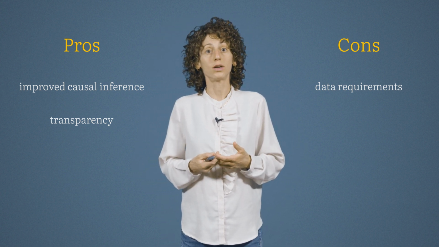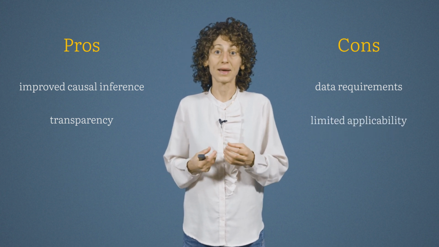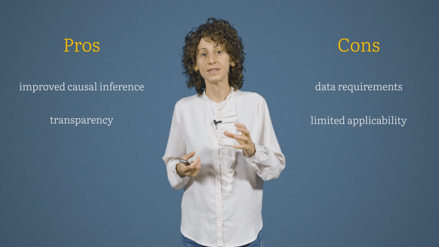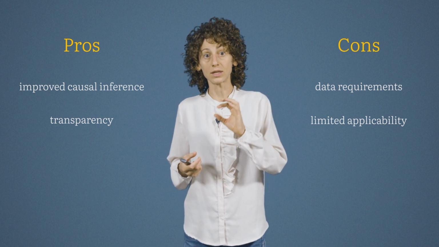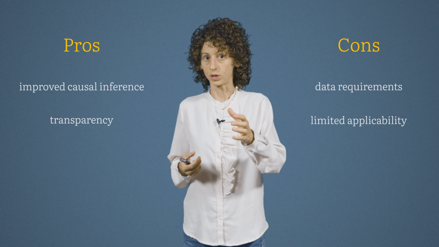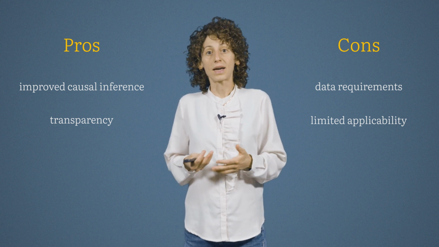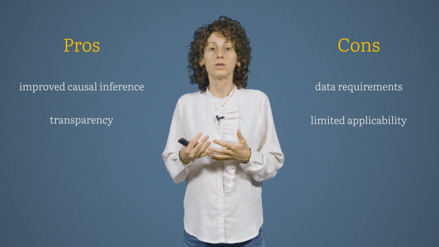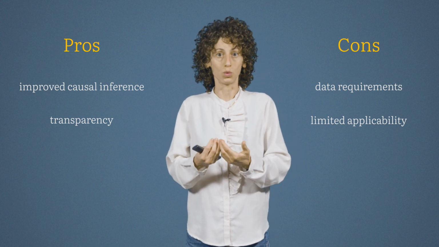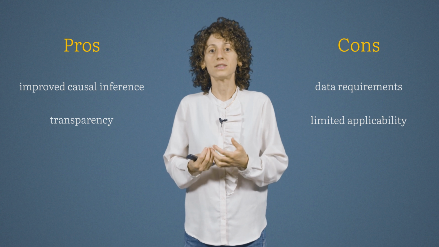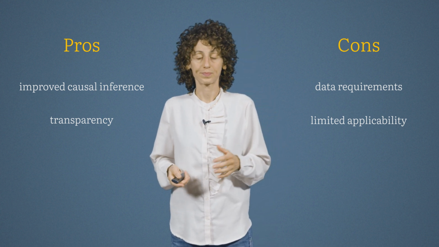Another limitation is limited applicability, because this method works best when there is a clear intervention or treatment applied to a single unit, Sweden, a country, or a region. It becomes less effective for studying interventions affecting multiple units or for cases with diffuse or unclear treatment effects.